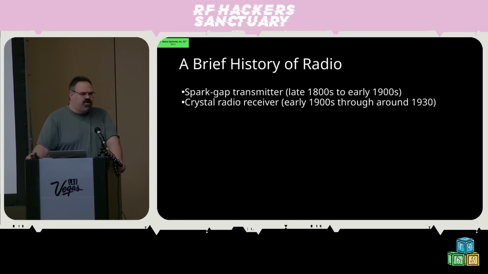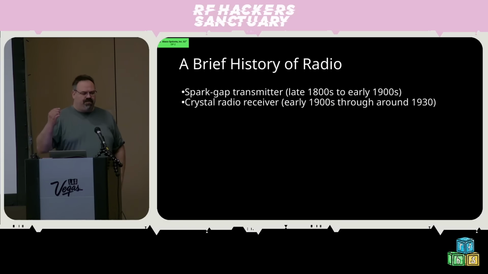Crystal radios made use of a tuned circuit. You have an inductor or some sort of coil, and some type of capacitor. You can have an actual capacitor, or you could use parasitic capacitance of the antenna, which I'll talk about a little bit more later.